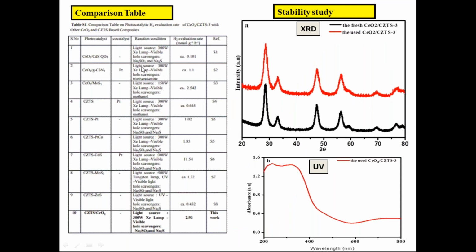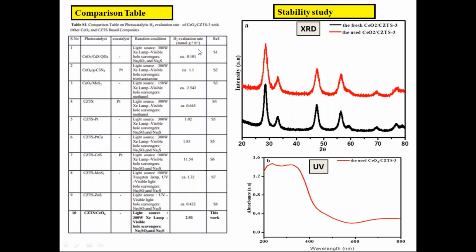So this is the comparison table between the photocatalysts and the reaction conditions, and what is the rate of hydrogen evolution. When we compare these different catalysts, we could see our CZPS CO2 using a light source and hole scavengers, namely sodium sulfate and sodium sulfide.